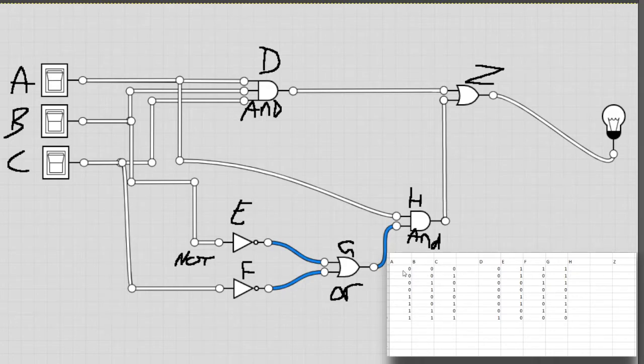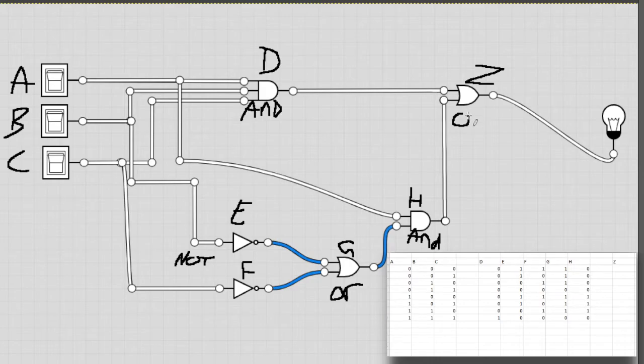So in our top 4 rows, A is never positive, so H will also never be positive in these top 4 rows. In our bottom 4 rows, A is always positive, so let's look at G in these next 4 rows. G is positive for the top 3 rows here, so that means H also can be, because in these 3 rows, G and A are positive. G is negative on the last row, which means H will also be negative.